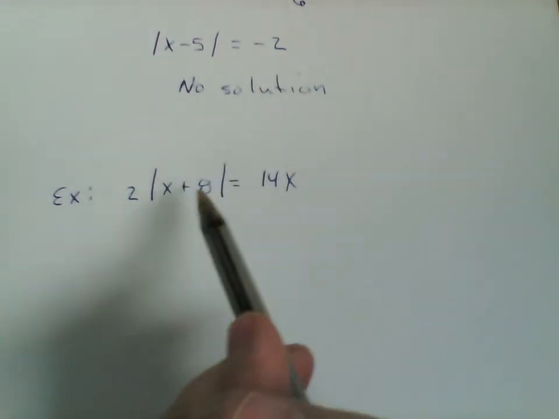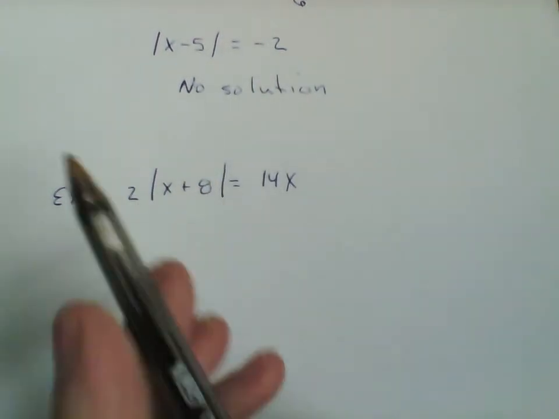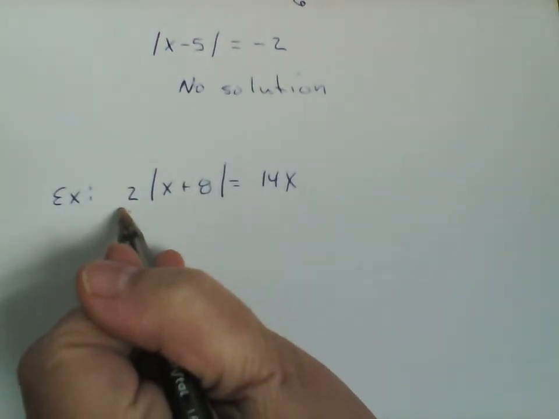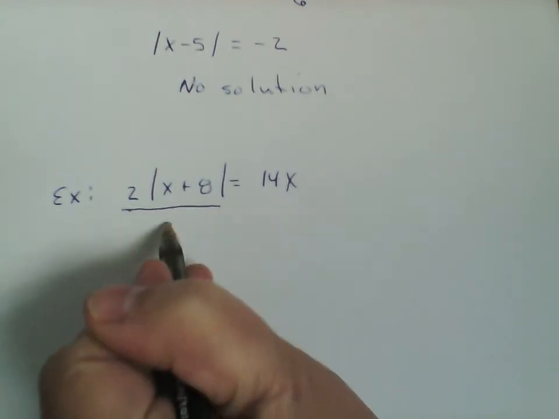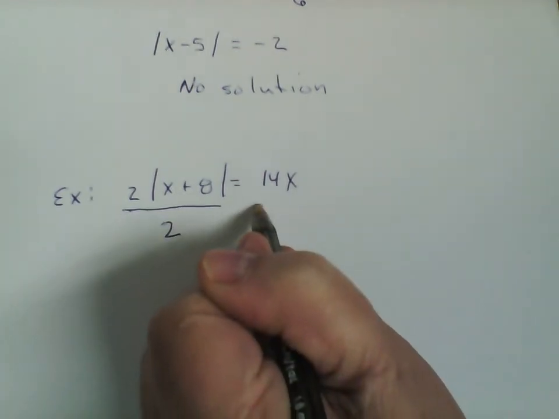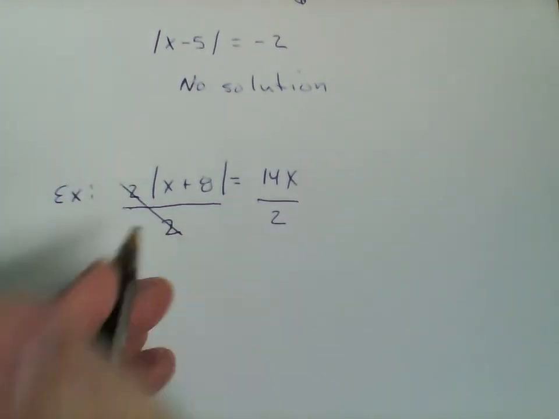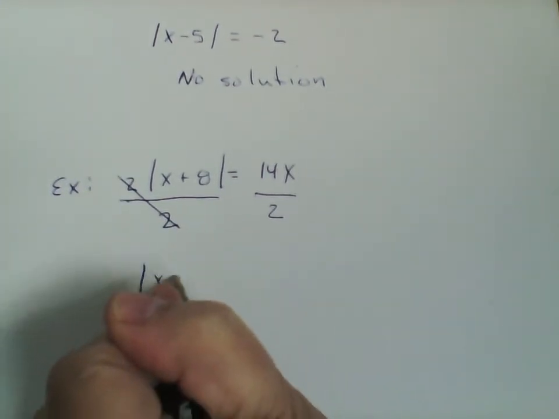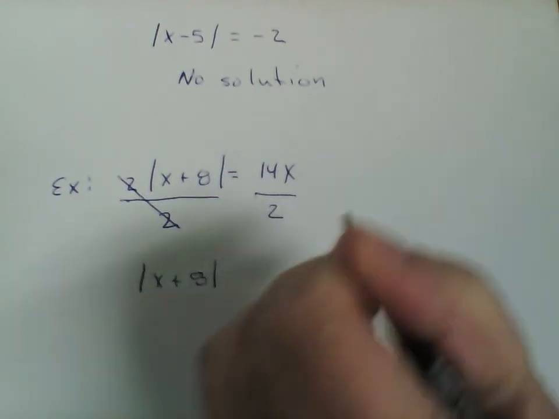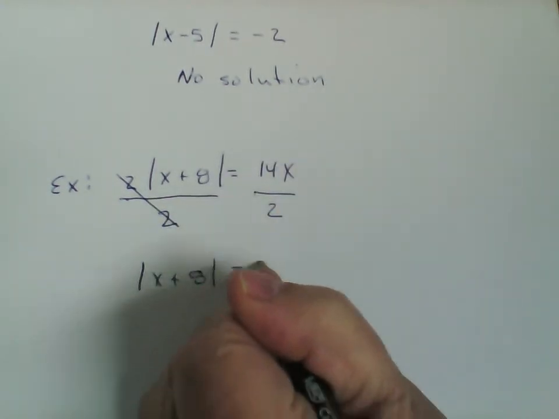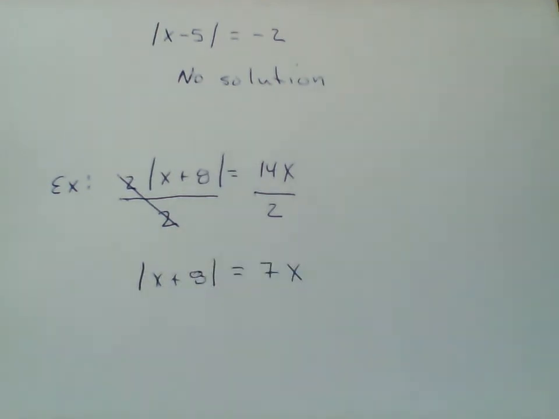Right now, I have 2 times the absolute value of x plus 8. And so if it's times the absolute value, I'm just going to divide by 2 to get rid of that 2, right? These will cancel, and I'm left with the absolute value of x plus 8 equals 7x, right?